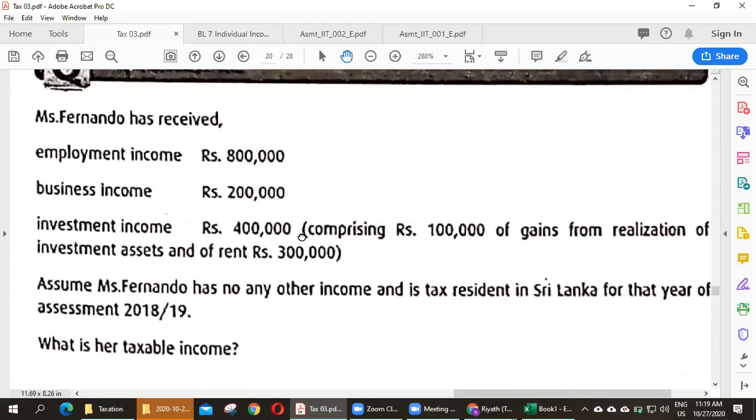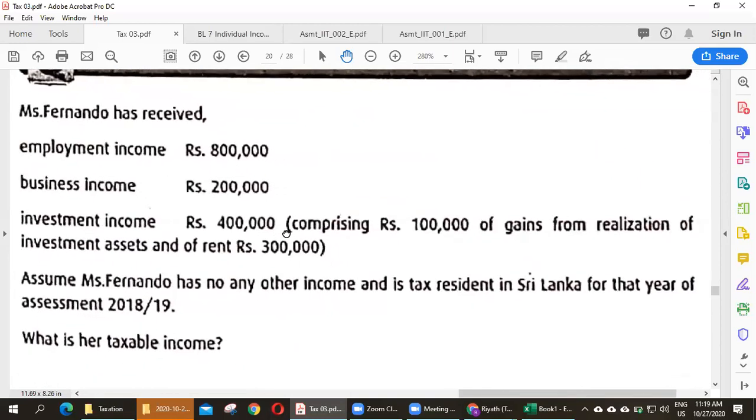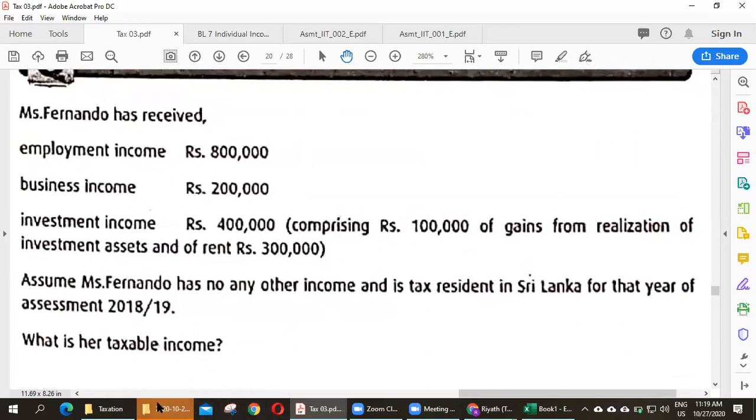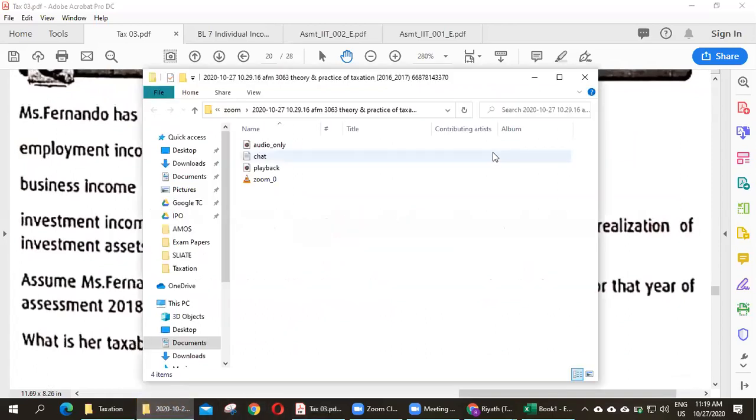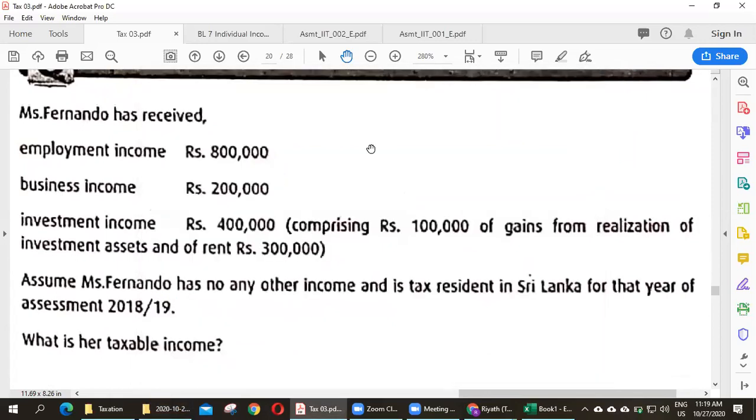Then question number 2. Read this. Mr. Pereira has received employment income equal 800,000, business income equal 200,000, investment income 400,000.